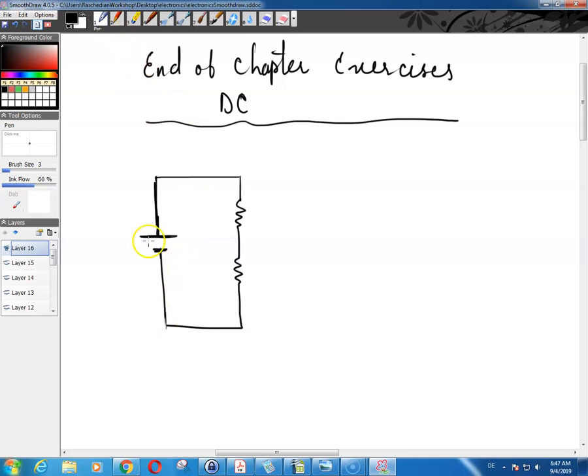This is your V of S, this is your R1, this is your R2, and you put a voltmeter on these points, and this becomes your V1, this becomes your V2.